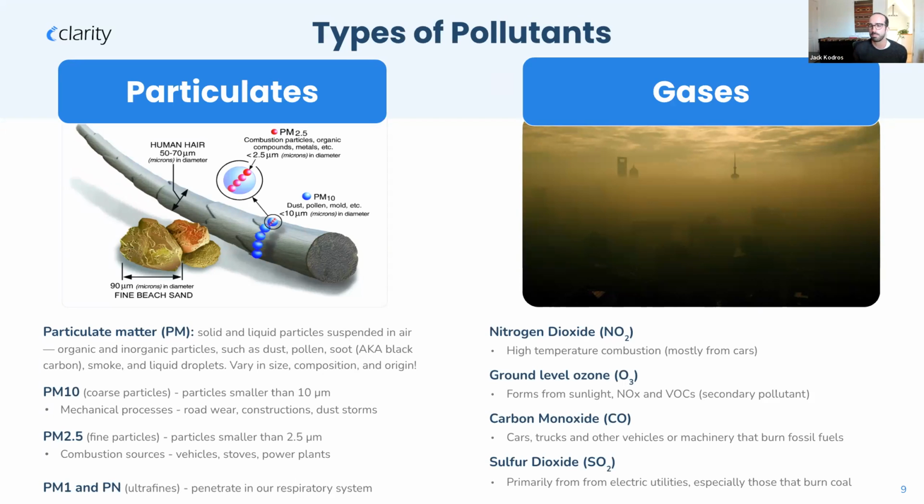Ozone very high in the atmosphere above where planes fly protects us from ultraviolet radiation. So ozone at the ground, as an air pollutant, is bad. Carbon monoxide is another pollutant, and SO2 as well, sulfur dioxide. Together, these are the criteria air pollutants, in addition to lead, which we're not showing. The criteria air pollutants are what the US EPA regulates from a health standpoint.